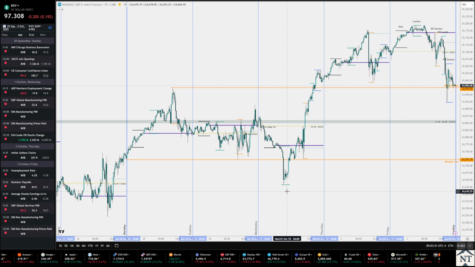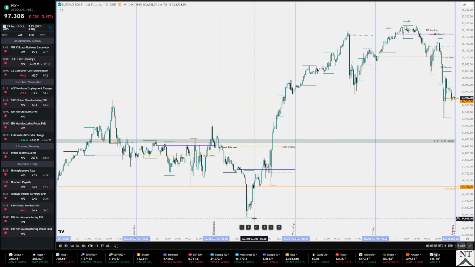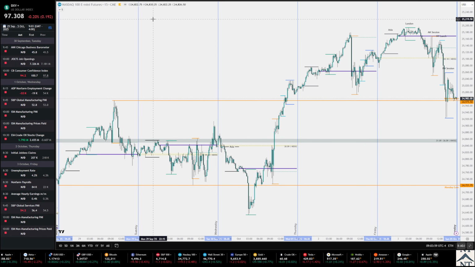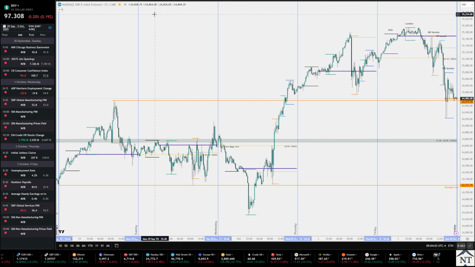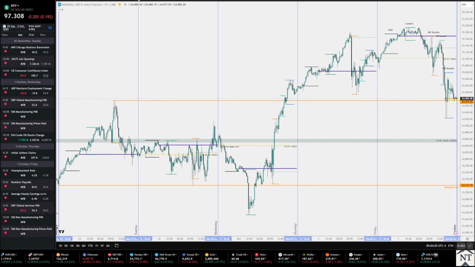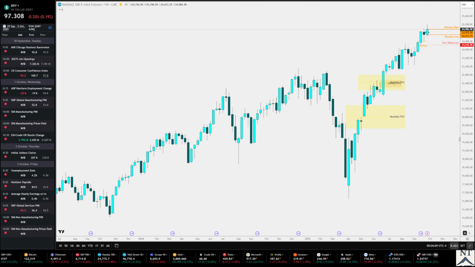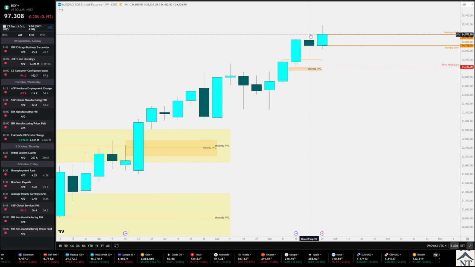So during the week, I expected higher prices. Of course, you expect higher prices because on the high time frame we are bullish. This is previous week close. This is kind of a bullish close.